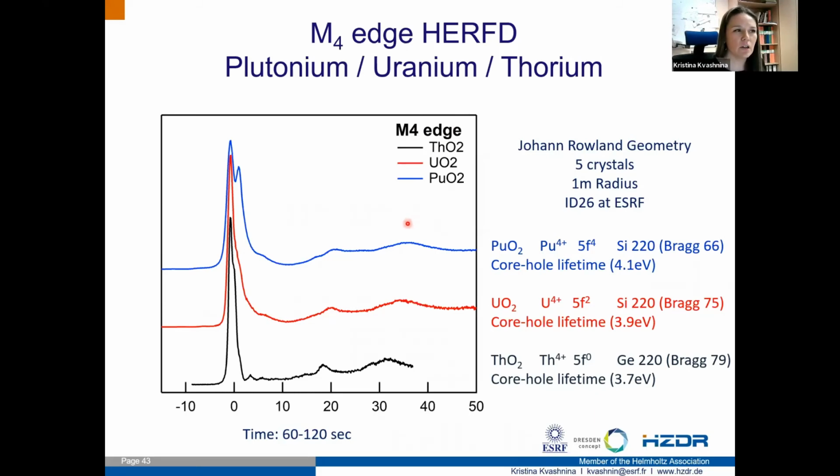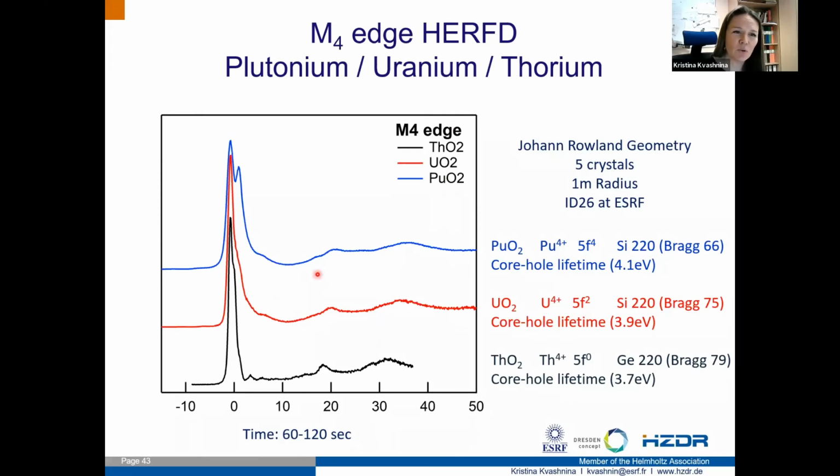And in fact, just by looking at the numbers and values, you would realize that, in principle, the resolution of the spectral features will always depend on several factors. All 3 compounds here are cubic, they are all oxides, and they have the same oxidation state. They have different numbers of electrons, 5f0, 5f2, and 5f4, which you nicely start to see here. But at the same time, of course, the spectrometer configuration is also different.